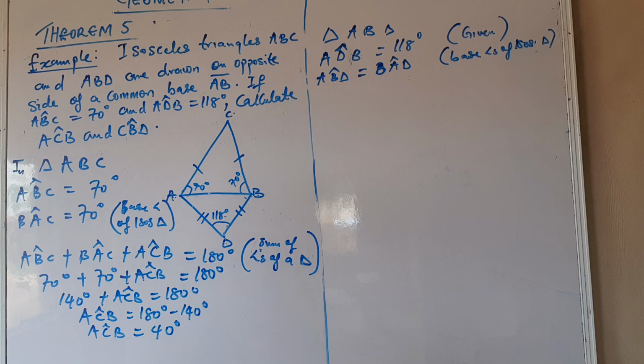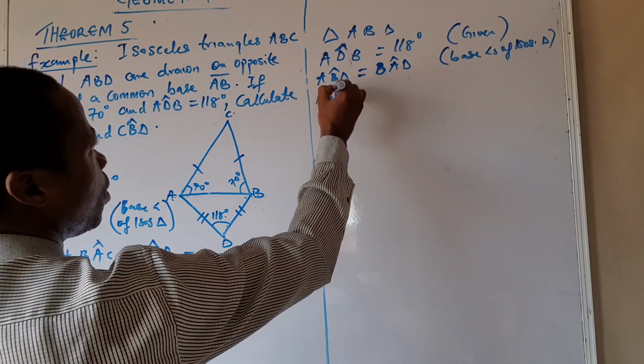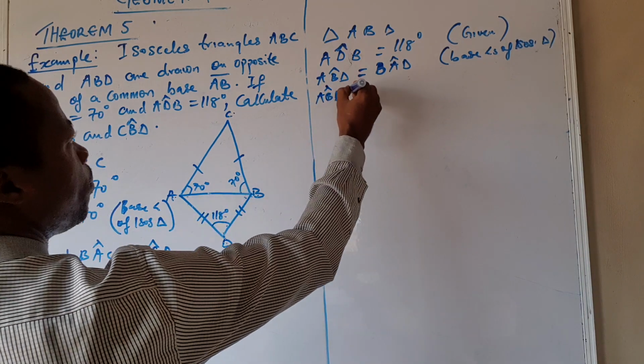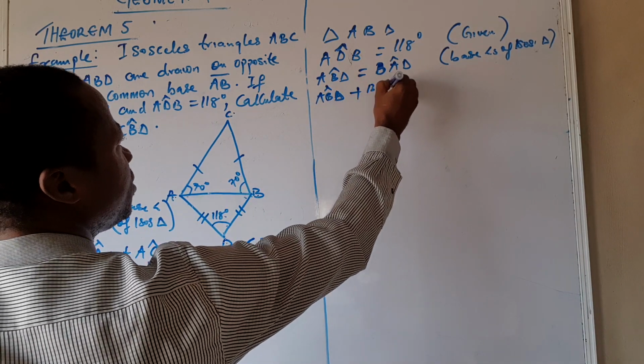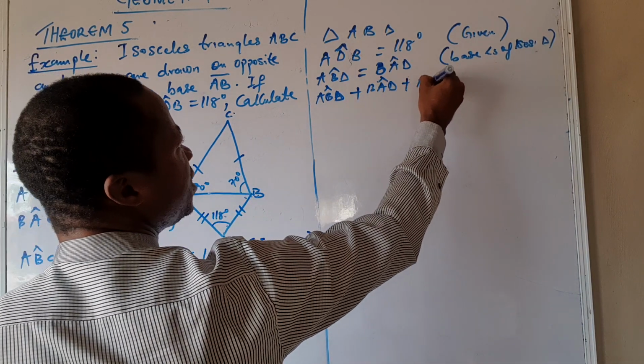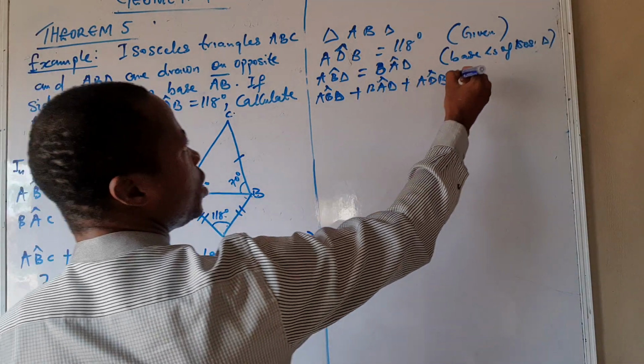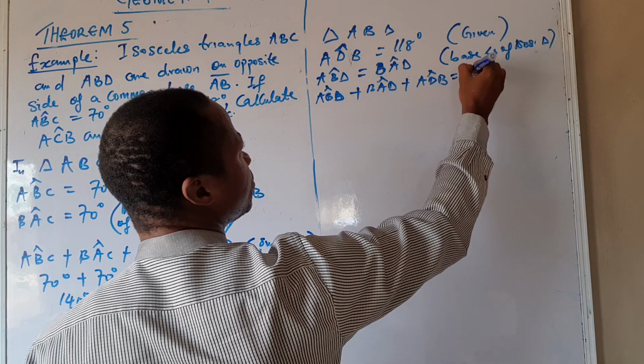So if that should be the case, and remember that the sum of the three angles is equal to 180, I can say that my ABD, which is this angle, plus BAD, which is this angle, plus ADB, which is this angle, is equal to 180 degrees.